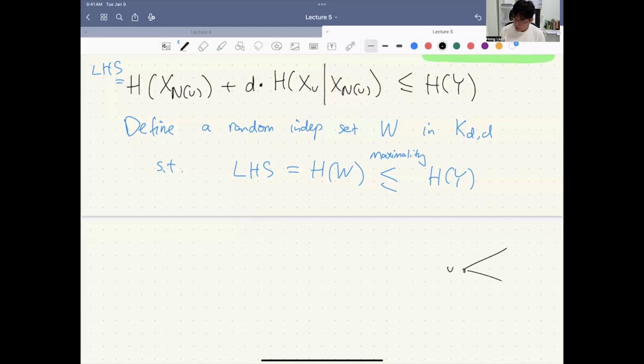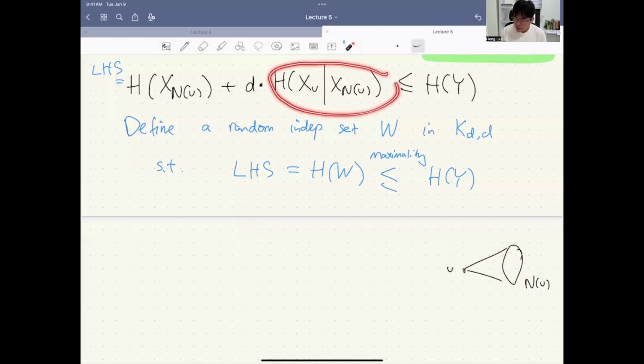This is V, this is N(V). If you forget about D, this is the entropy of the neighborhood plus, given the neighborhood, the entropy of V. So it's exactly the information you get from a star. What does this D mean? It means we make IID copies of V, blowing it up D times.